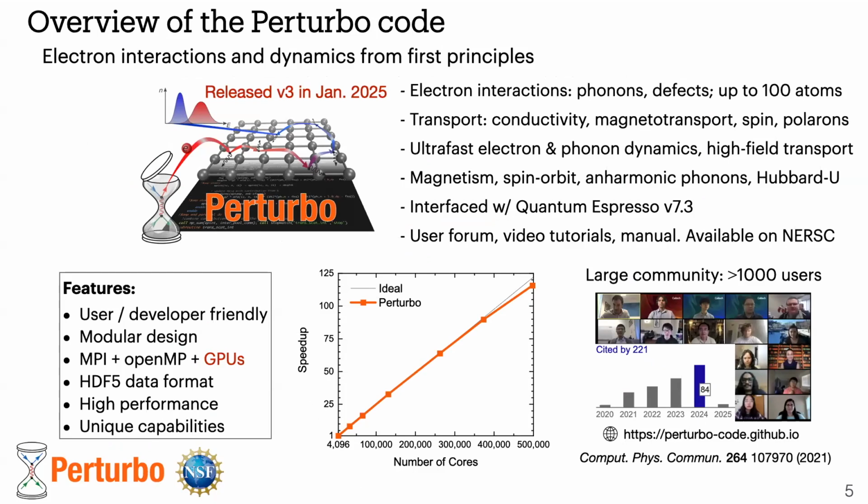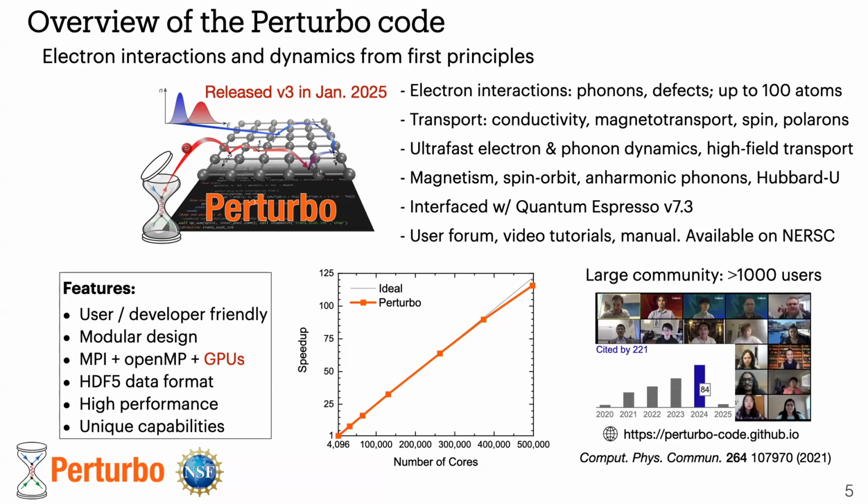And that also tracks with both the number of citations as well as papers that are using the code. So just to give an overview of things that the code can do, in terms of electronic interactions, one can compute electron-phonon interactions, spin-phonon interactions, as well as interactions with defects.